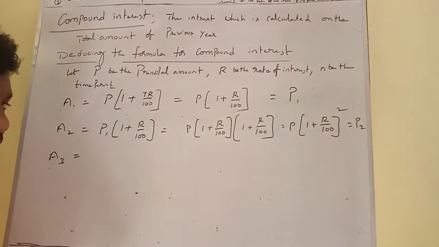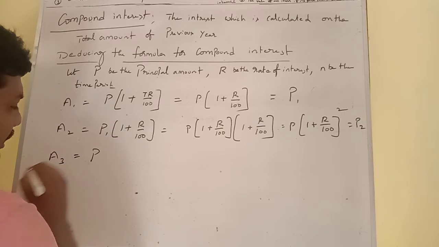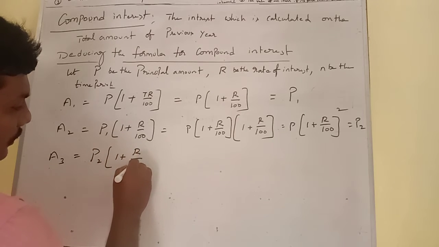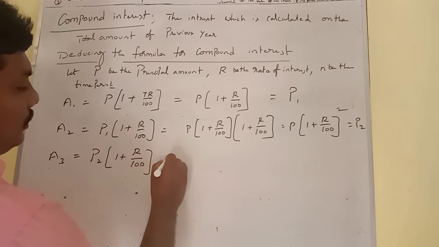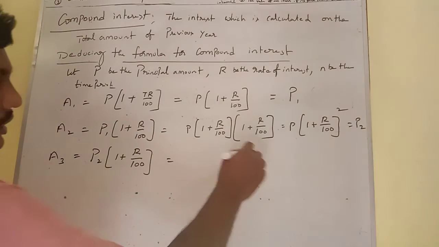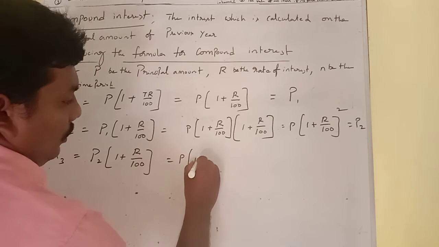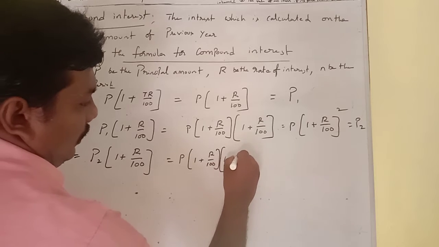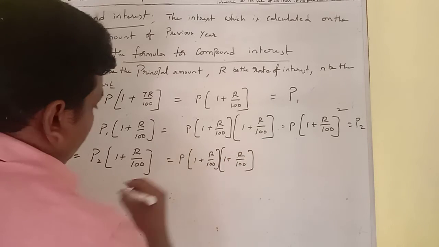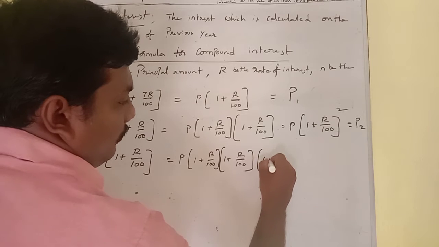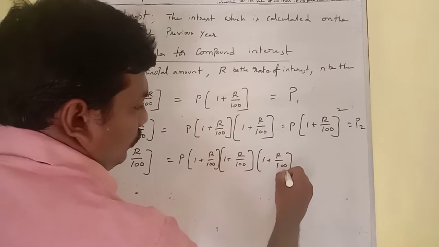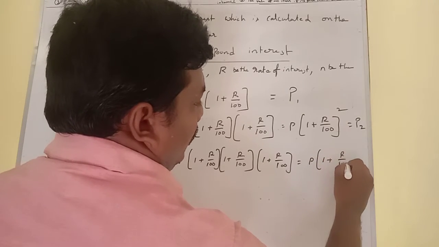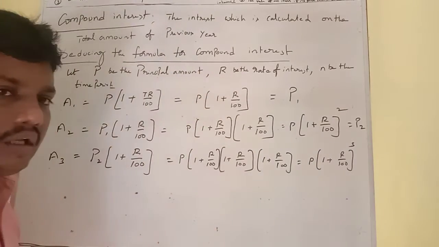In the third year the formula will be the same again: P2 into 1 plus R by 100. P2 is P into 1 plus R by 100 whole square, and again we get 1 plus R by 100.